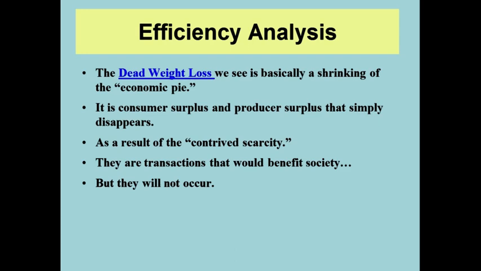So what I mean by that is there might be producers that if they produced an additional widget could sell the widget and make some money, and everyone would be happy. It'd be a win-win. That transaction's not going to occur because of contrived scarcity. So clearly, deadweight loss reduces social well-being. As a society, our well-being is decreased when we have deadweight losses.